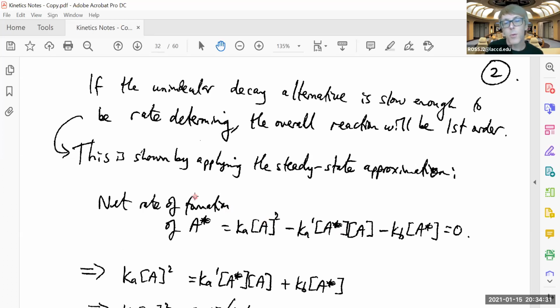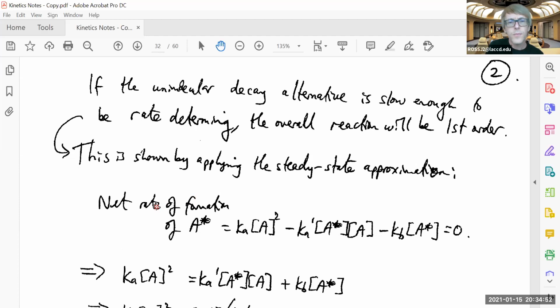Let's look at the steady state approximation. So steady state approximation looks at everything that's happening at once. And although it's a dynamic process, if your dynamic processes all occur at the same rate, it looks like a pseudo-static process. So that's what steady state means.